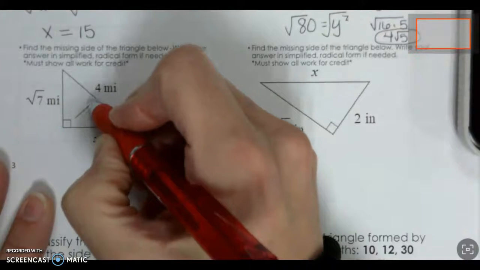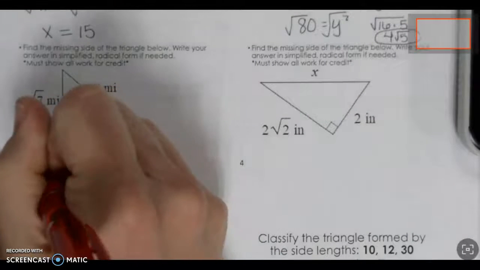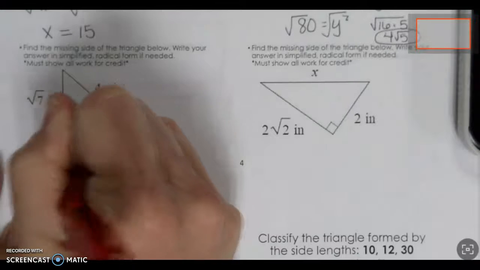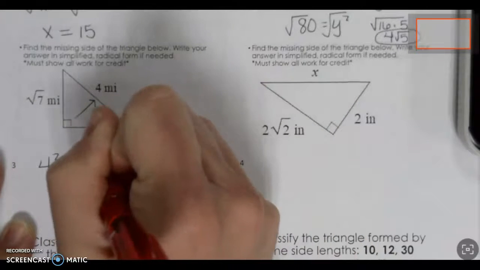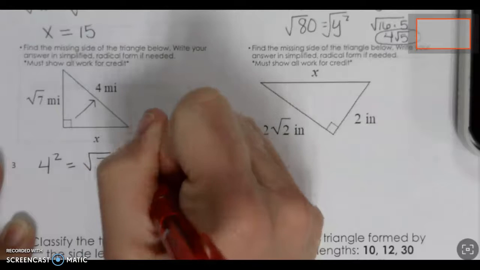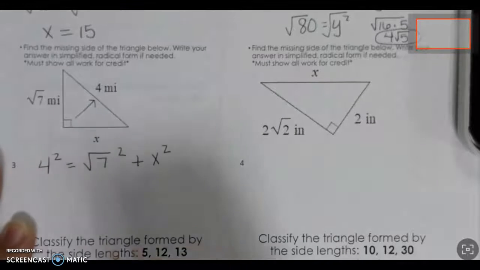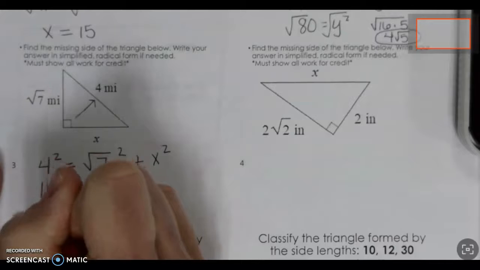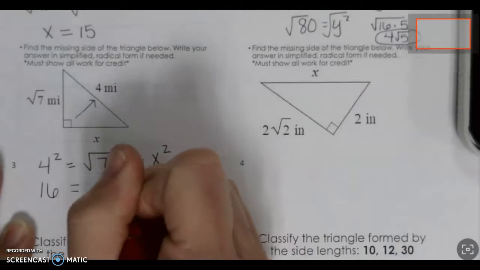Same setup. We're going to start across from the 90, 4 squared is equal to the square root of 7 squared plus x squared. 16 is equal to the square root of 7 squared.